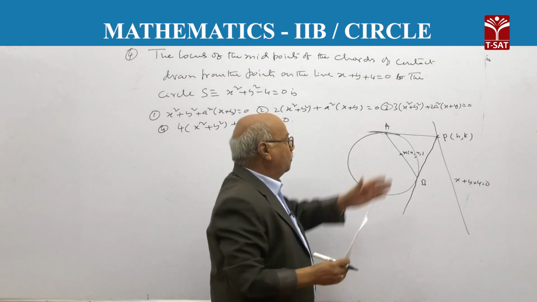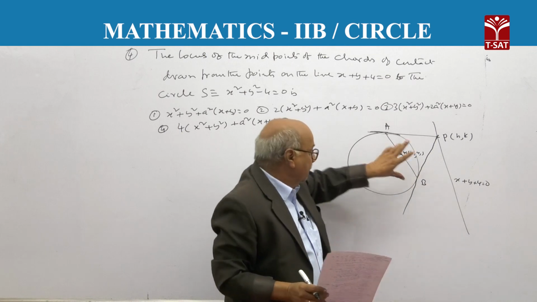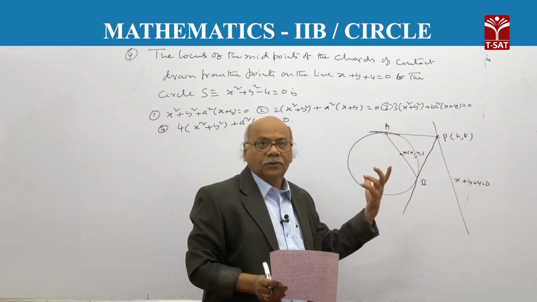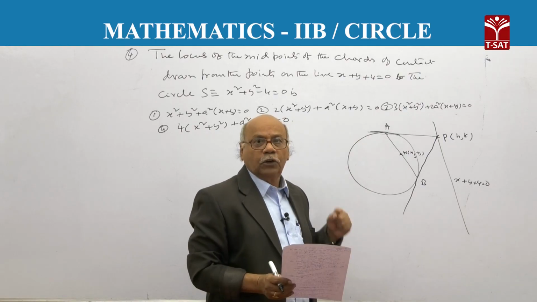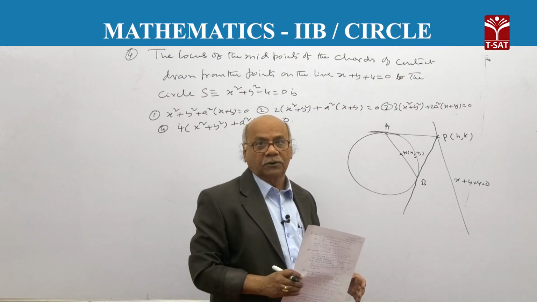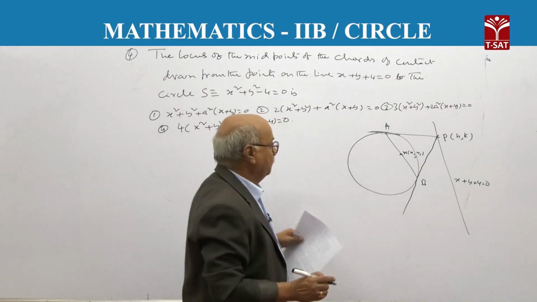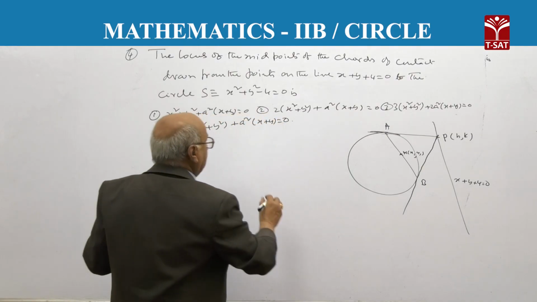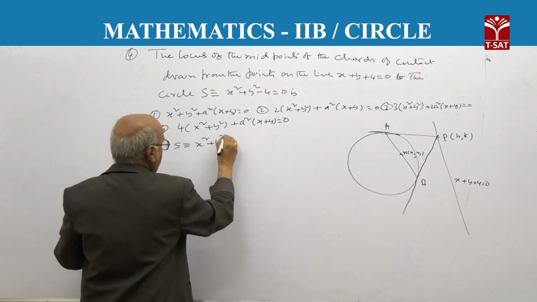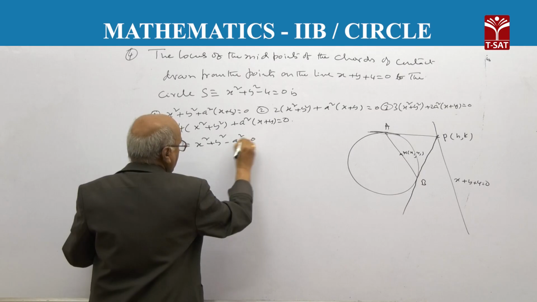That means, if P varies on the line, the chord of contact varies. So, the midpoint varies. So, therefore, we want to find the equation which is satisfied by all these midpoints of the chords of contact. So, S is equal to x square plus y square minus a square equal to 0.